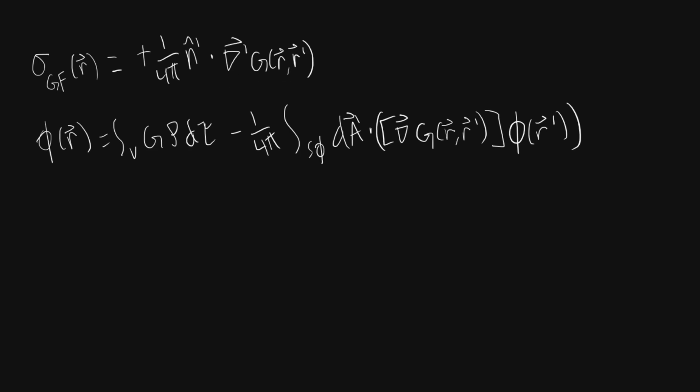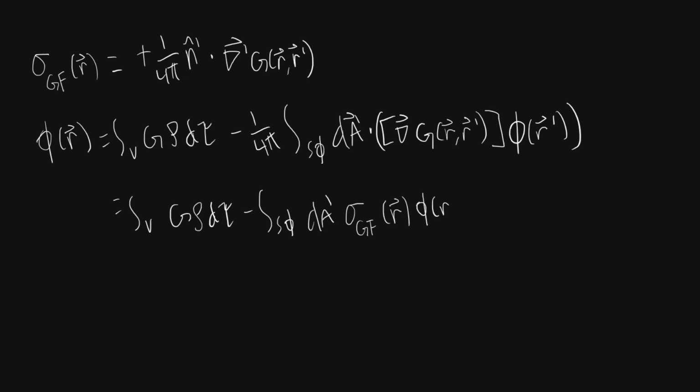But we just wrote that this 1 over 4 pi times the normal vector dotted with the gradient of the Green's function, and if you remember that dA prime is really dA times n hat prime, then we can say that this equation is equal to our volume integral of g rho d tau minus the surface integral of dA prime times our sigma of r times our phi of r prime.